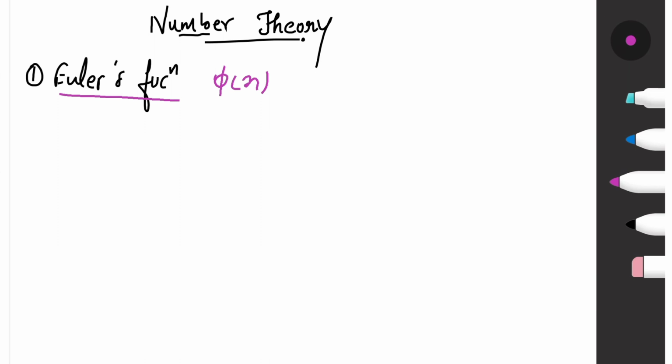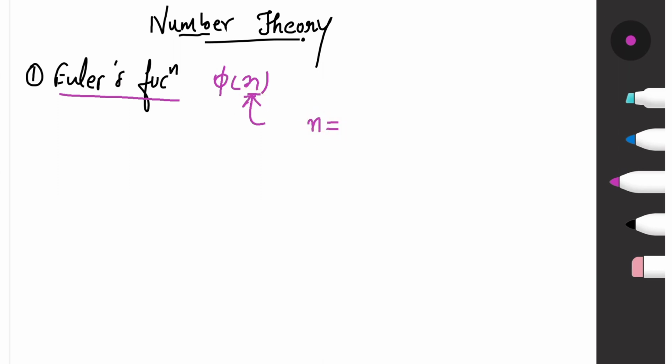So this Euler's function tells us the number of natural numbers which are less than and co-prime to this number, and the general formula which you can use is, first of all, you have to factorize n.